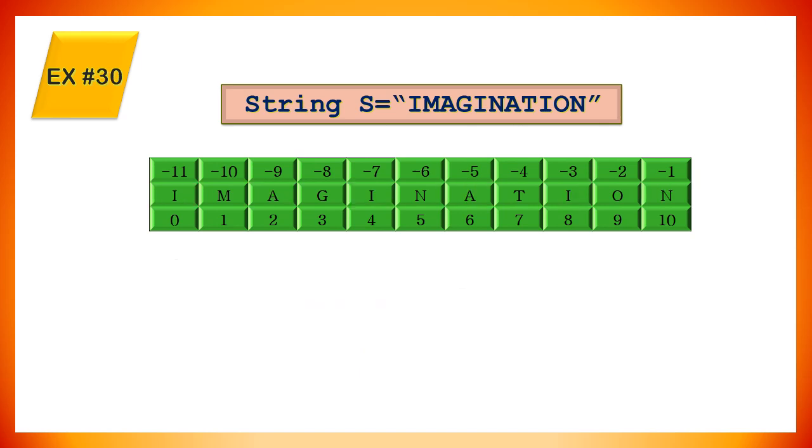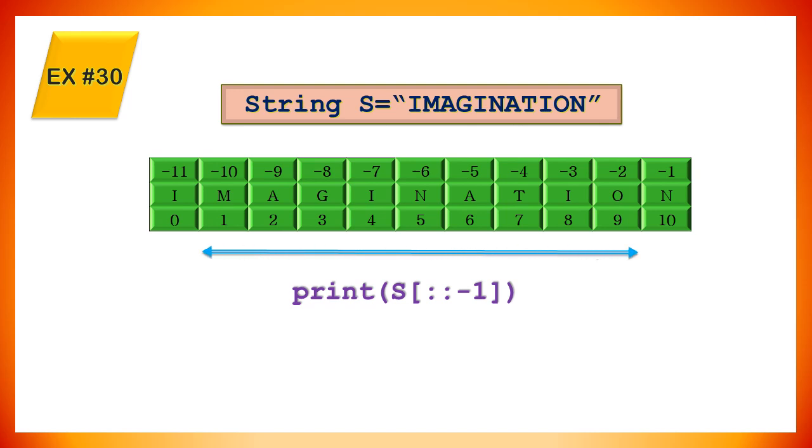Okay, now the last example, example number 30, S colon colon minus 1, again negative value in the step. So again selection process will be done from right to left. Now no starting value, no ending value has been provided, so we consider the last index as the starting value, that is index 10 is the starting value, and 0th index is the ending value. And since the step value is minus 1, that means all the indexes will be generated but in right to left order.